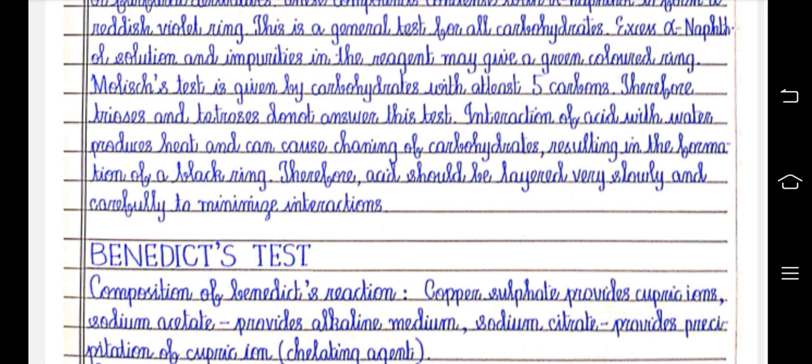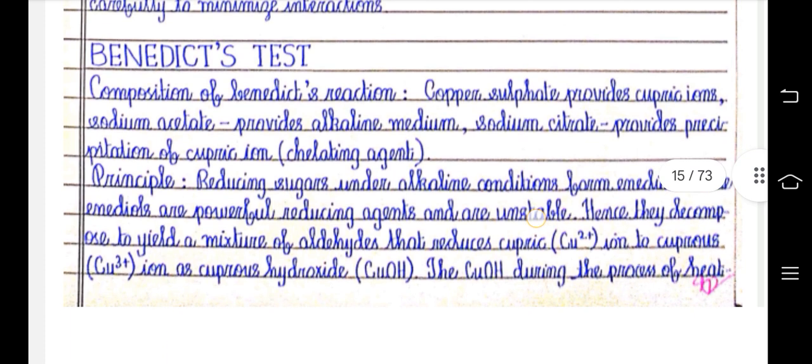Then, Benedict's test. Composition of Benedict's reagent: copper sulfate provides cupric ions, sodium carbonate provides alkaline medium, sodium citrate acts as a chelating agent. Principle: reducing sugars under alkaline conditions form enediols.